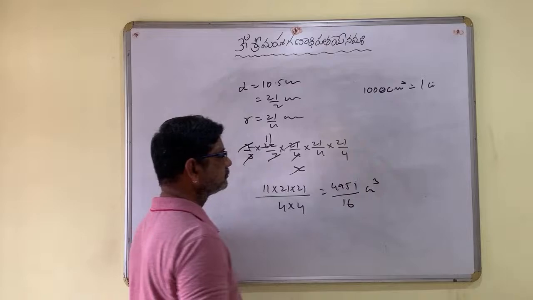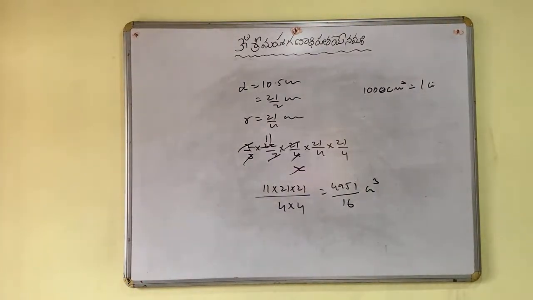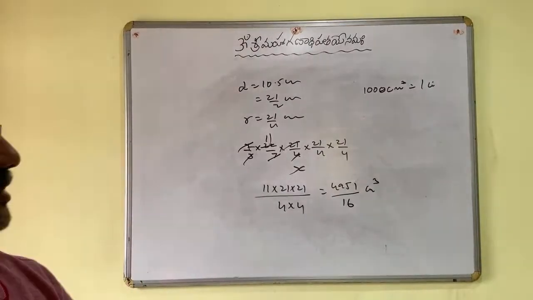Centimeter cube. Now convert this from 4951 by 16. How much will it be? So convert into liters.